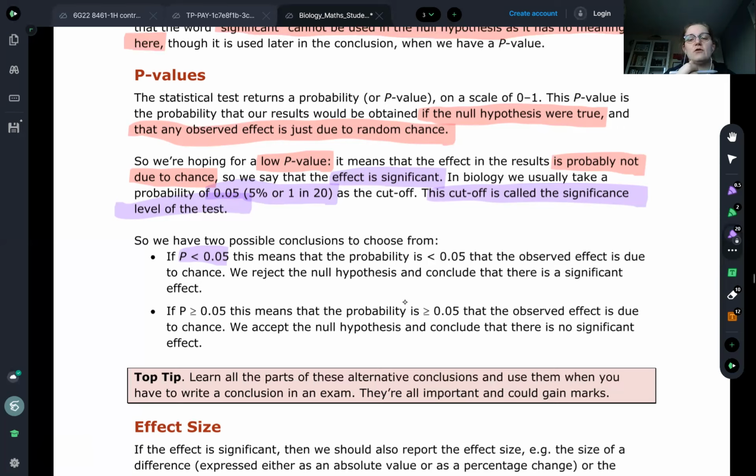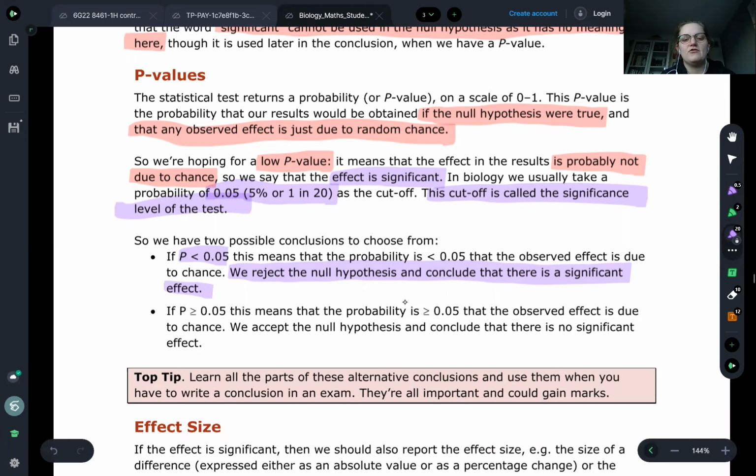We then reject the null hypothesis and conclude, sorry, I've just read my greater than and less than symbols the wrong way around. So if our p-value is less than 0.05, this means that the probability is less than 0.05 that our observed effect is due to chance, which would mean we reject the null hypothesis and conclude that there is a significant effect.